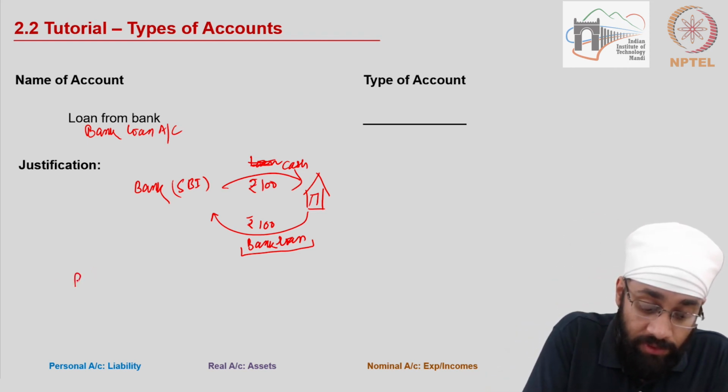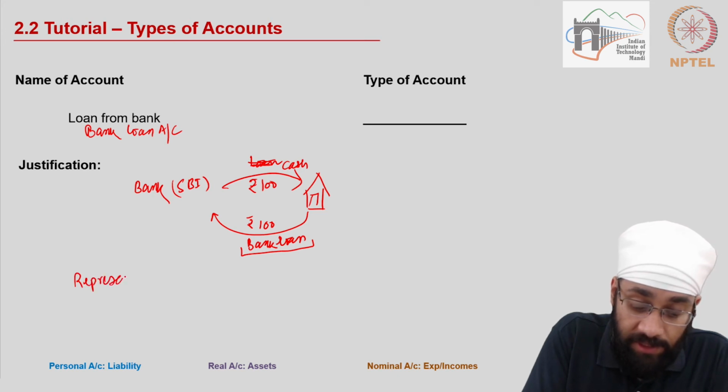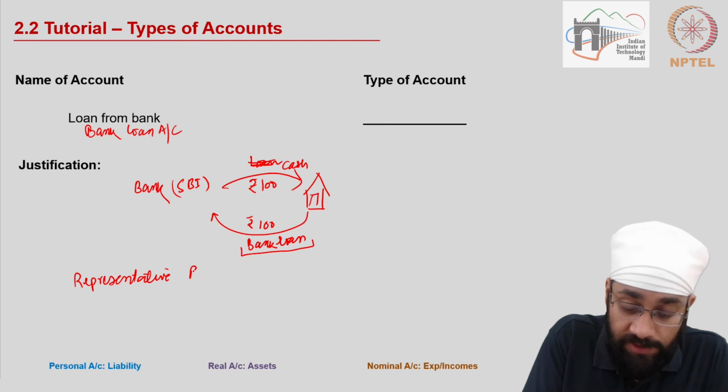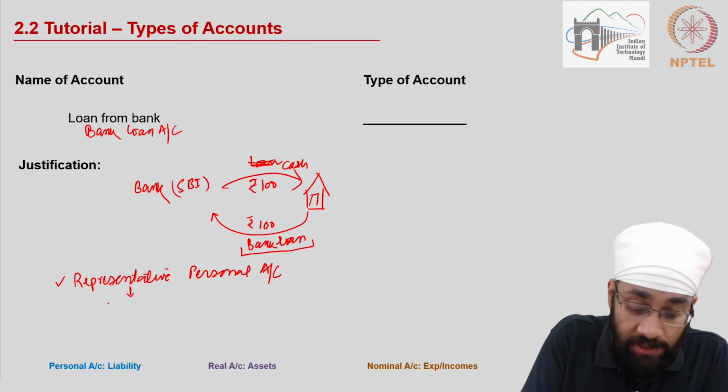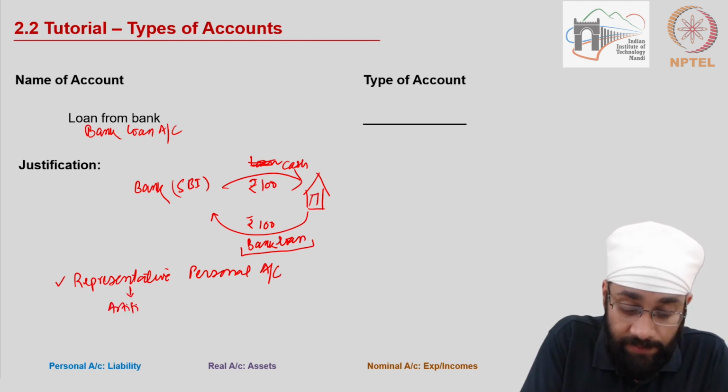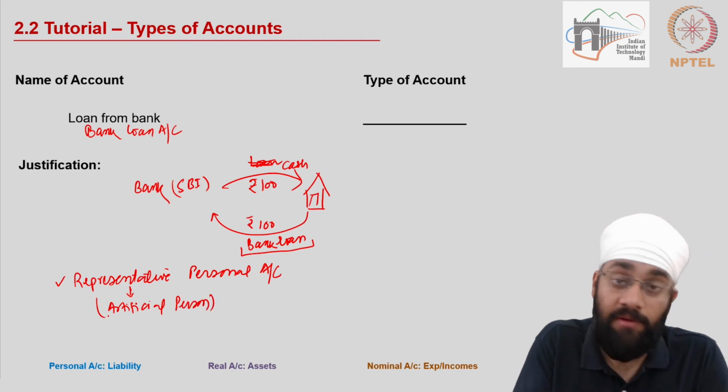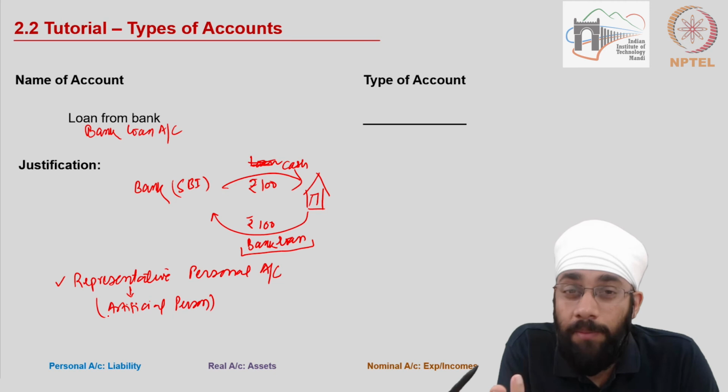So the bank loan is a representative personal account. It represents an artificial person. Bank is an artificial person. Bank is a company in itself.